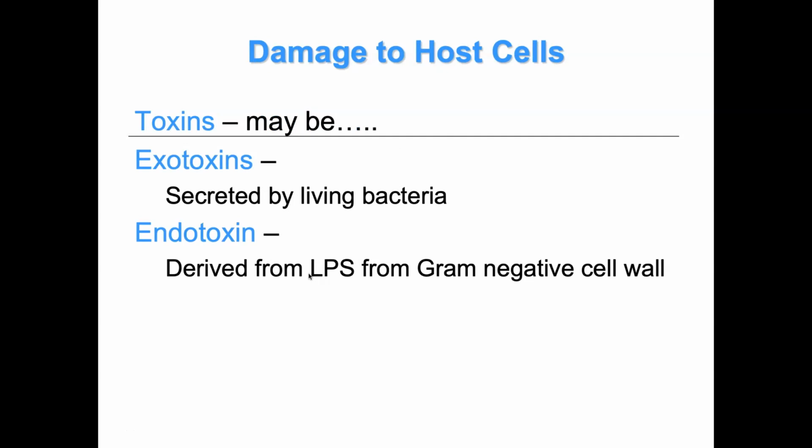So this is one of the ways that microorganisms can damage host cells. They can produce toxins. There are two types of toxins that microorganisms can produce. Toxins can be exotoxins. These are secreted by living bacteria, produced inside of the cell, and secreted out into its environment. Diphtheria toxin is one of the exotoxins, produced by Corynebacterium diphtheriae. This is a very virulent pathogen.